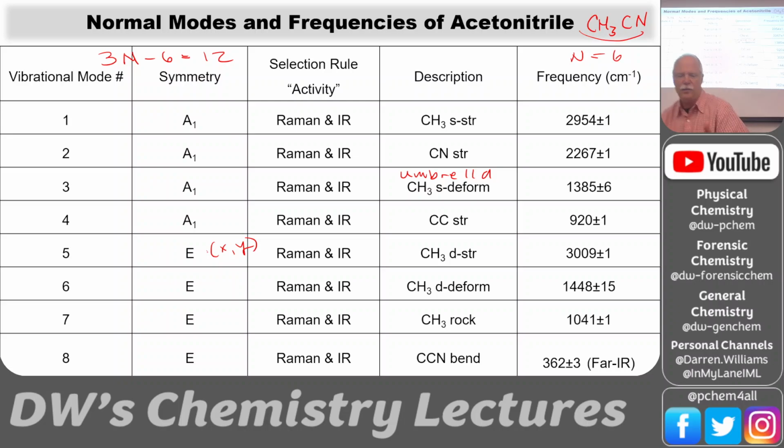So I can't do this because I only have two arms. Picture the CH coming out of the back of my head. This is one deformation. Okay, and then the other one is just that guy moving. So kind of like the wag of the one CH or the scissor of the other two. Yeah. So I'll put wag and scissor.